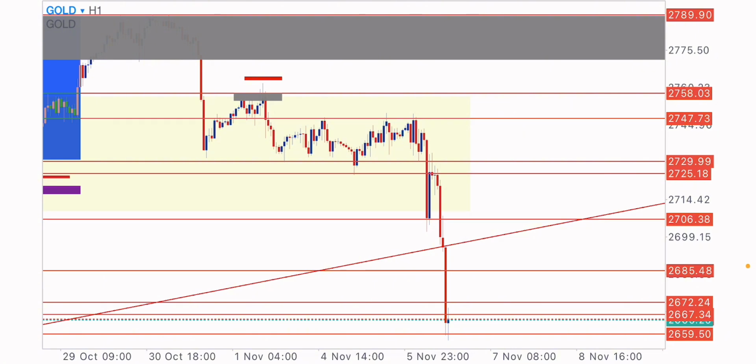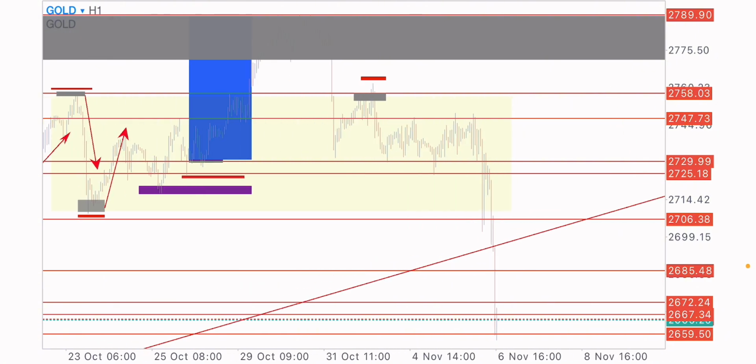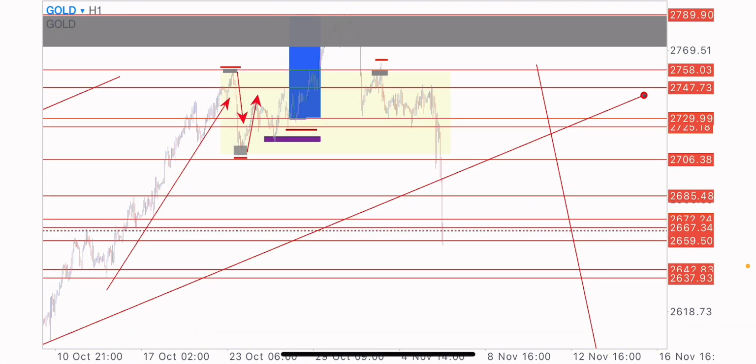Okay, so we can see that the market had a move to the downside, right? After having a proper entry point at that level there, it moved to the downside and created a form of a retest, which led to us having a huge momentum in the market, and then it shot to the downside. Right?